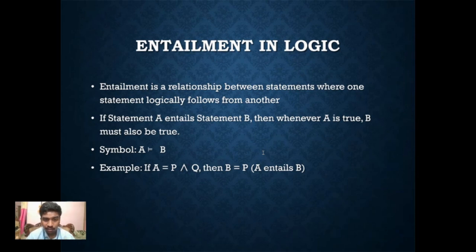This is symbolized as A entails B. For example, if A is P and Q, that is P conjunction Q, then B could be just P. If both P and Q are true, then P must definitely be true. So A entails B. It is a foundational idea in logic and reasoning, helping us understand which statements logically follow from others.